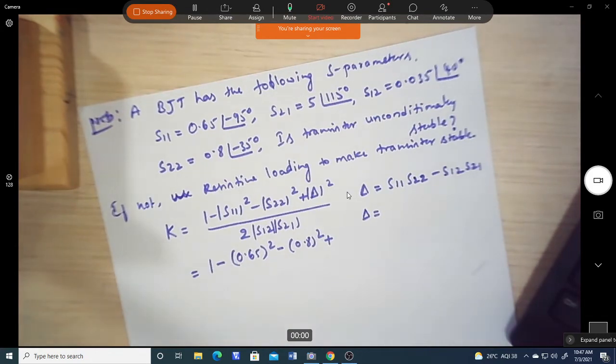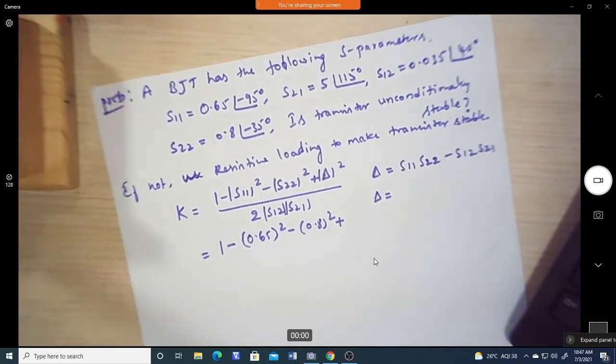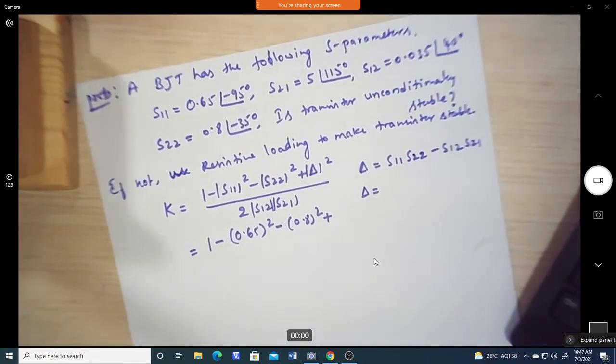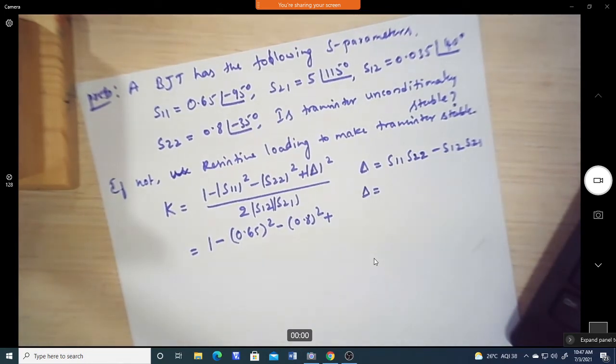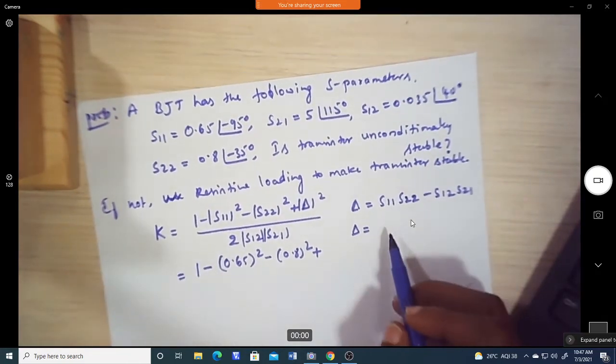What is the value of delta? Anybody got it?